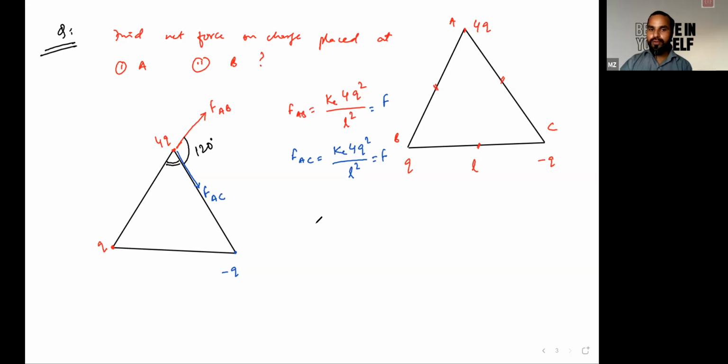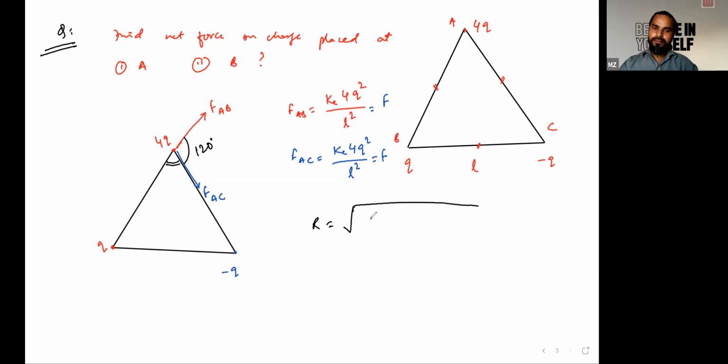So we have two forces and there is an angle between them. So the resultant of any two vectors is nothing but root under. Nazira, can you explain the resultant formula? Resultant of any two vectors R is equal to... Yes, Noor.